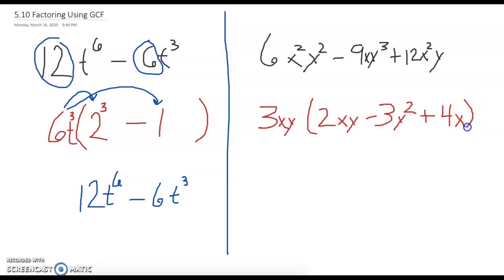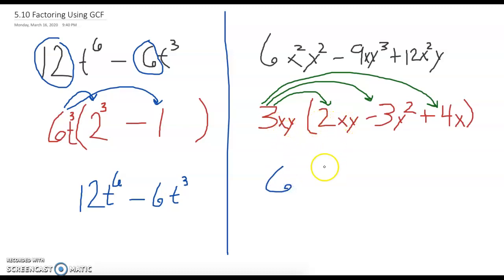If we were to distribute to every single one, we will get an answer of 3 times 2 is 6, x times x, y times y. Then 3 times negative 3, which is negative 9, x, y times y squared, which will equal y cubed.